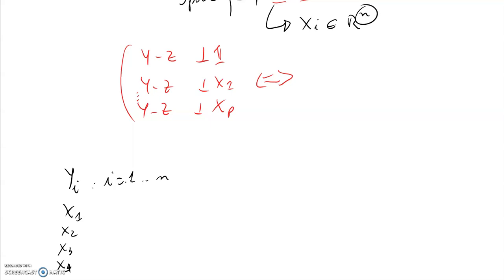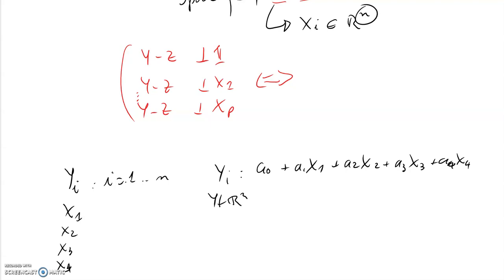You want to find a0, a1, a2, a3, a4 to give you something as close as possible to the y that you are observing. y belongs to Rn, and each of the feature vectors belongs to Rn.